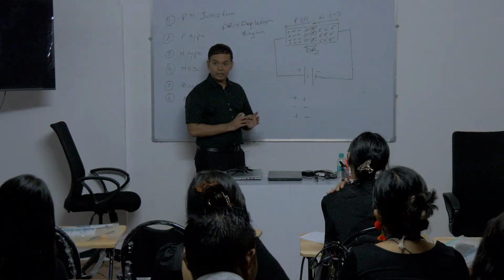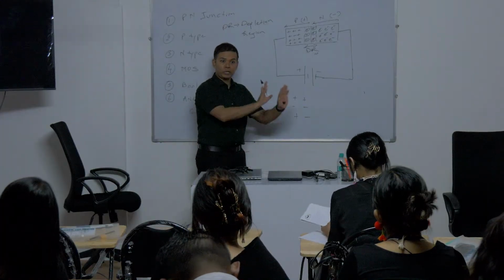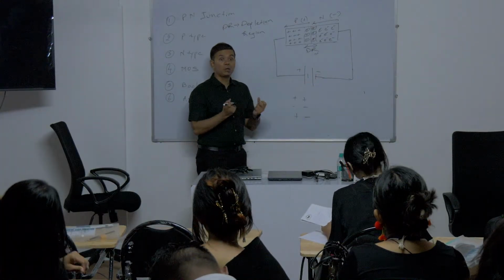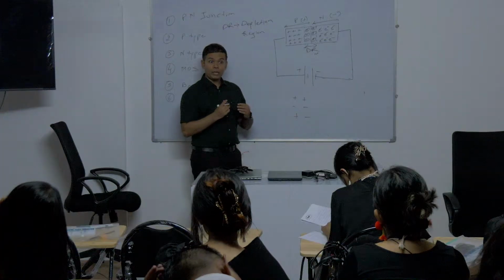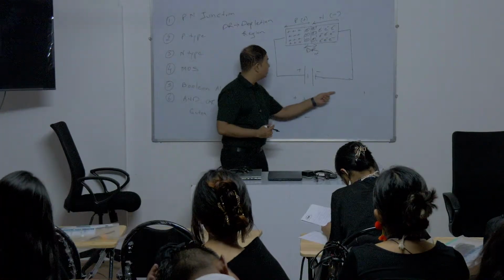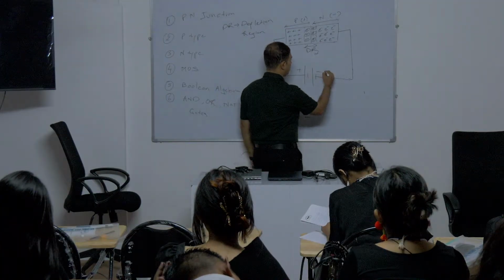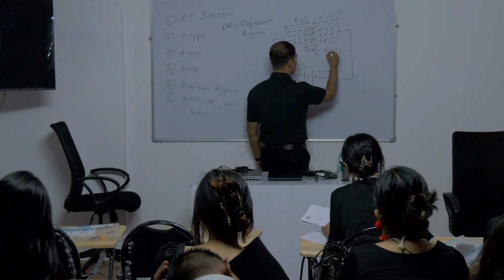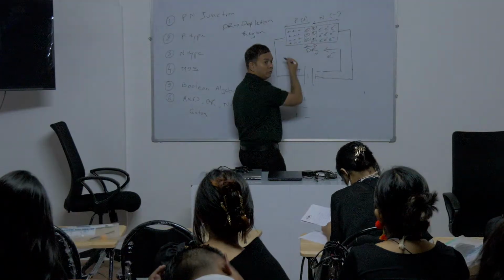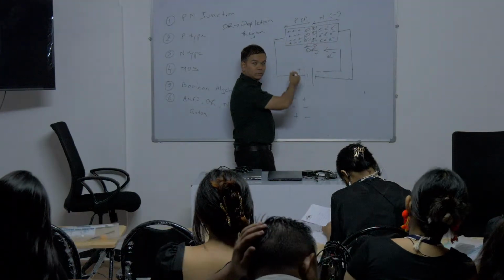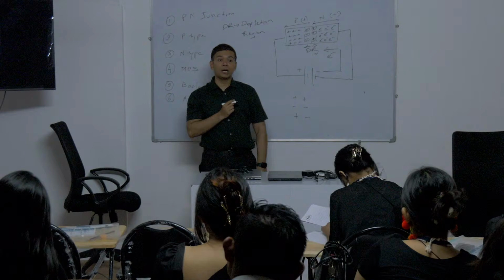Hope you are getting it, right? So from one side somebody is pushing and on the other side somebody wants to collect. So we are increasing that kind of thing. As a result, the electrons will start to flow. So the electrons will be moving in this direction, which is anti-clockwise. What will be the direction of the conventional current?